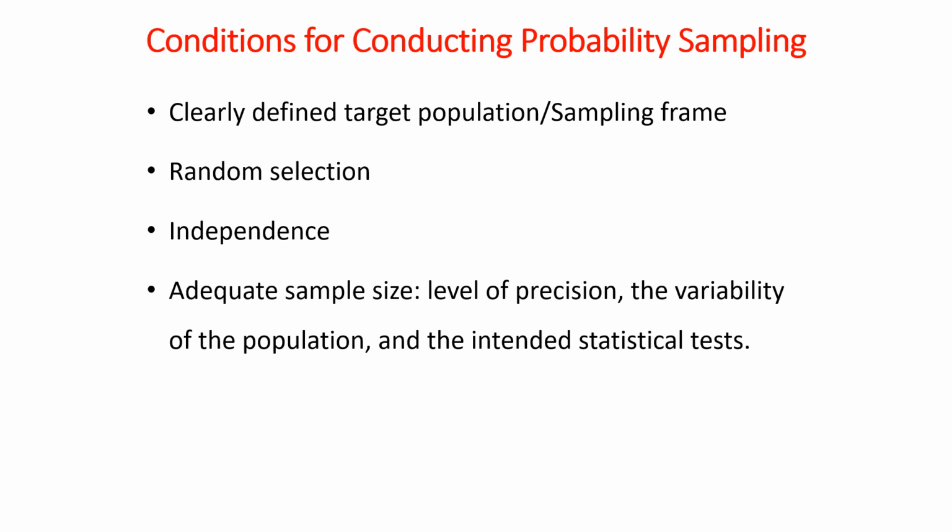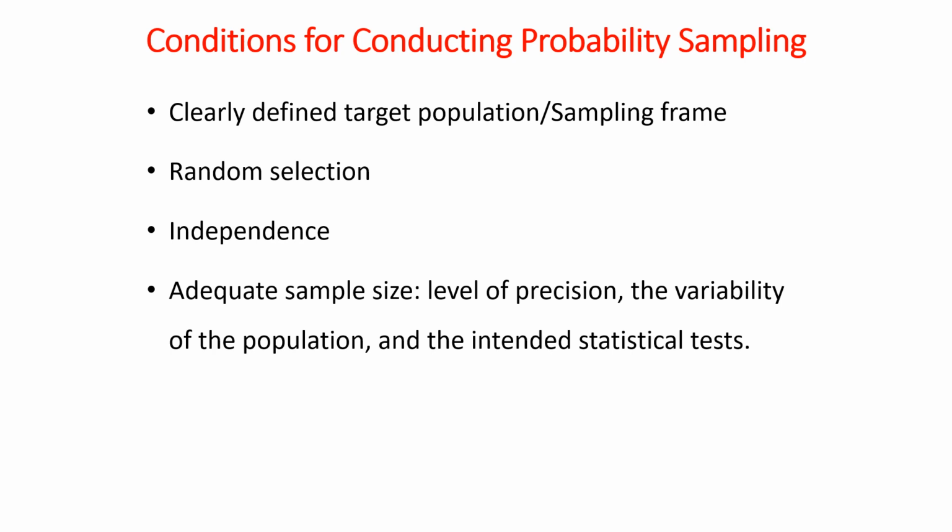If we require a lower level of precision, the sample size may be smaller. The other factor is the variability of the population. If there is high variability, or if the population is heterogeneous, we require a larger sample size. The reverse is also true: if the population is homogeneous, we require a smaller sample size.